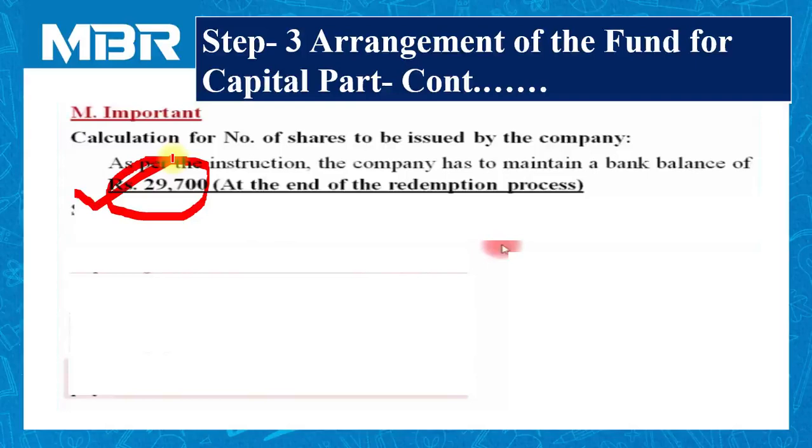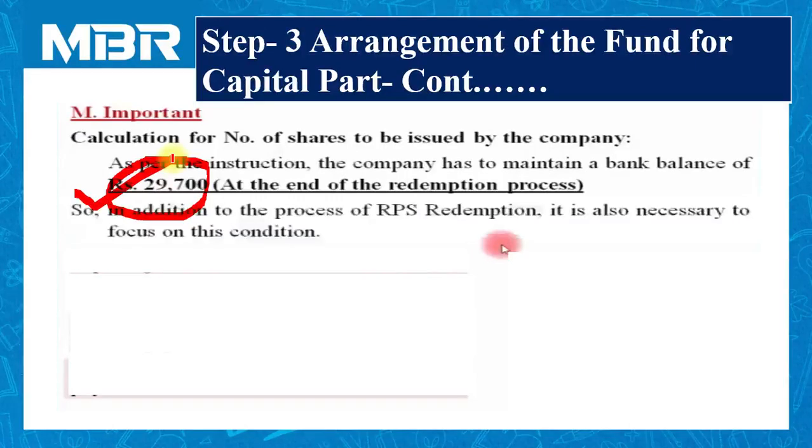In this particular question, we have to maintain closing balance in the bank account at the end of the solution rupees 29,700. Let us understand the items of receipt and payment we have gone through so far.